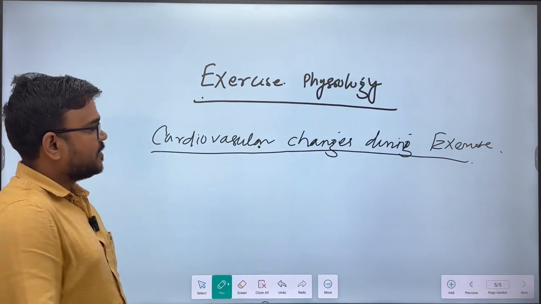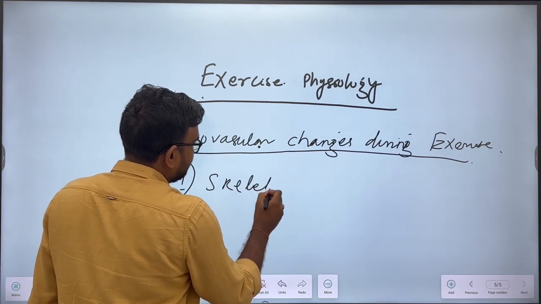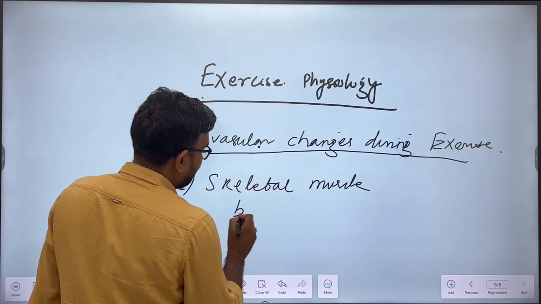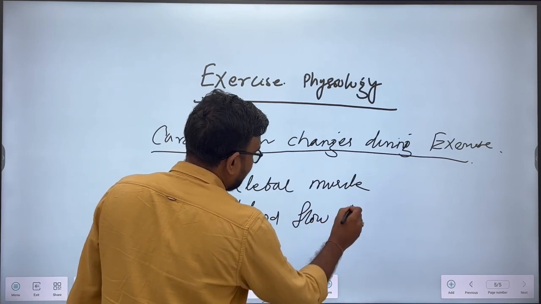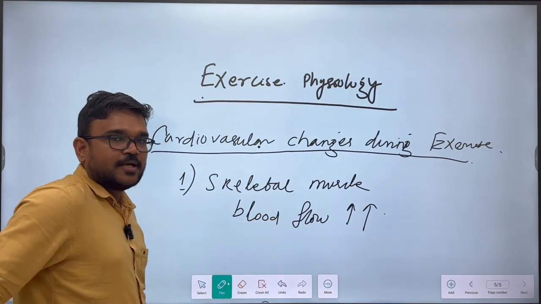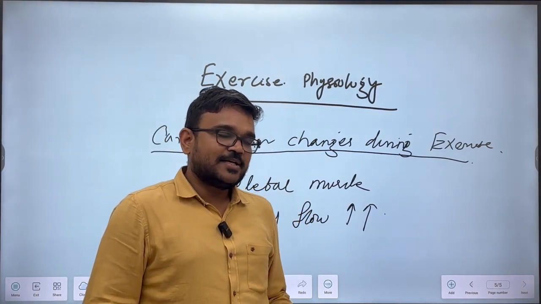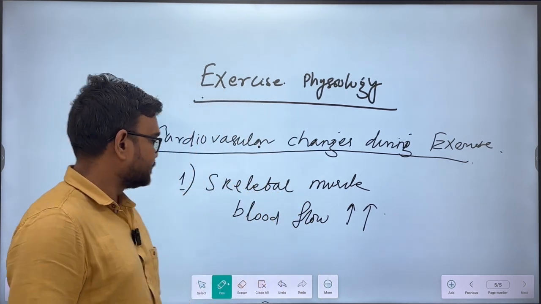So the skeletal muscle blood flow increases. During exercise, the skeletal muscles work more. That's why blood flow increases towards the skeletal muscle.